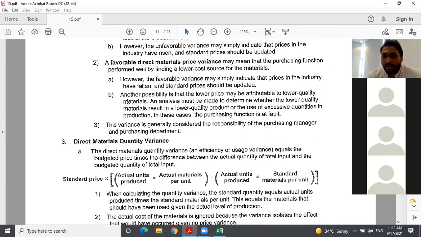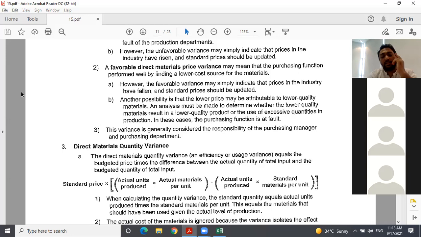Another possibility is that the lower price may be attributable to lower quality materials, and an analysis may be made to determine whether the lower quality material results in a lower quality product or the use of excess quantities in production. In this case, the purchasing function is at fault. This variance is generally considered the responsibility of the purchasing manager and purchasing department.